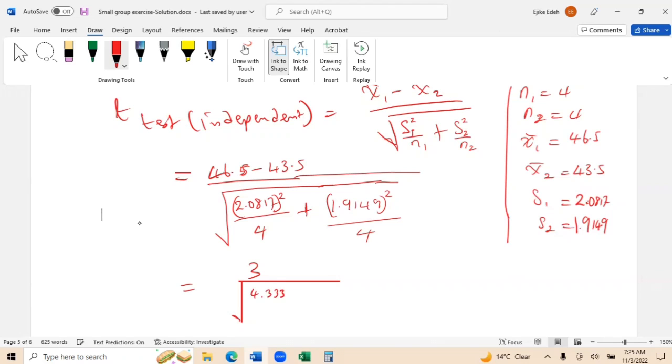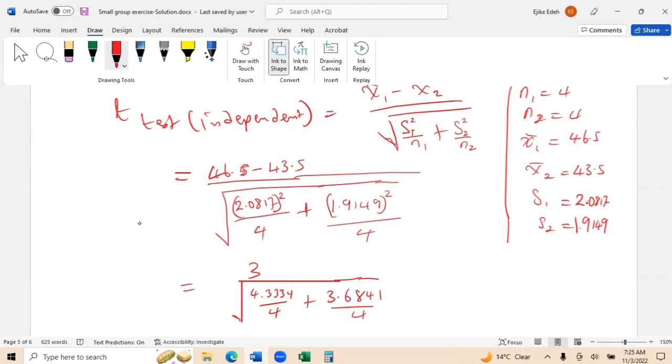So 4.3334 divided by 4, this is what we have right now, plus on this side I have 1.9149 raised to the power of 2. That gives me 3.6841 all over 4.